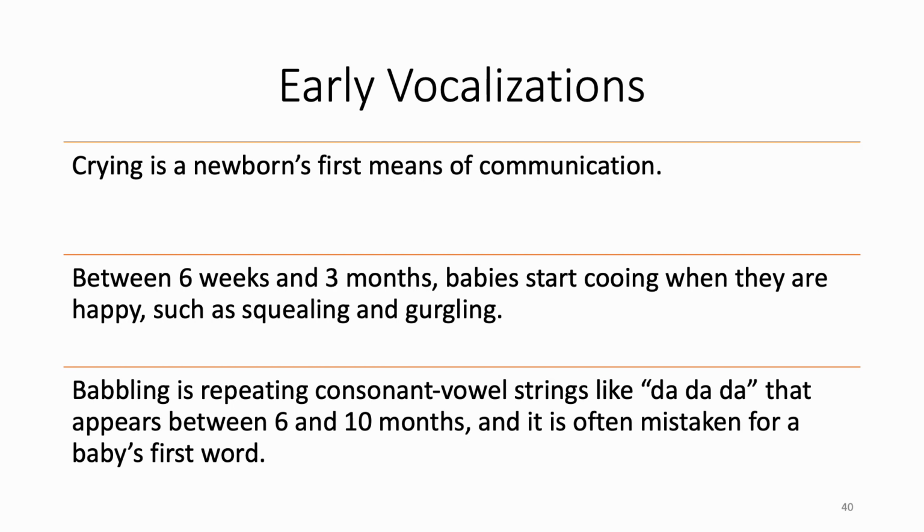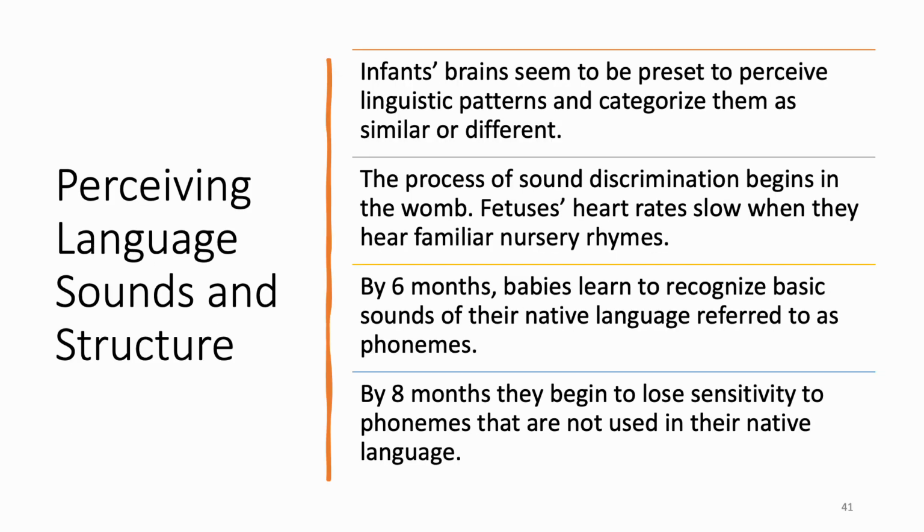Babbling is repeating consonant-vowel strings like da da da that appears between 6 and 10 months and is often mistaken for a baby's first word. Of course, this makes new dads very happy. As we respond to their sounds, they repeat those sounds. What is first accidental imitation becomes intentional as they learn.